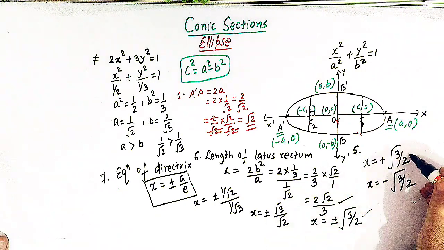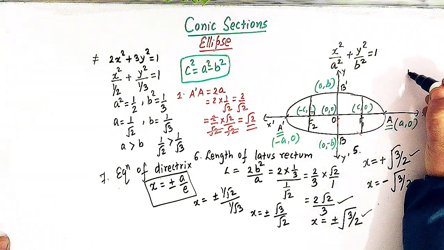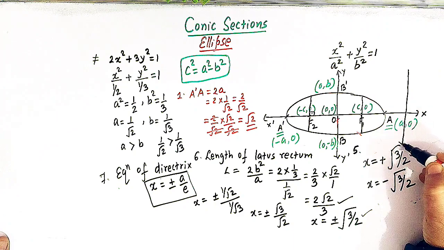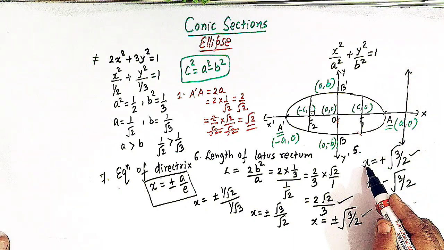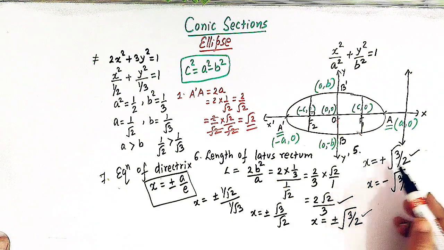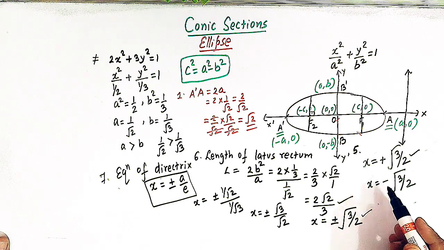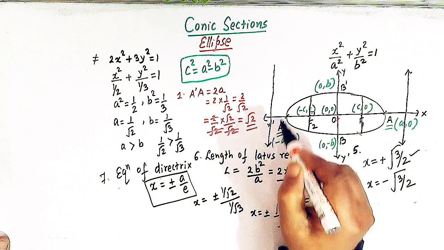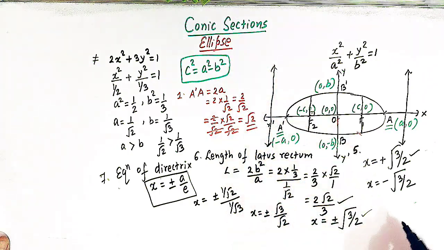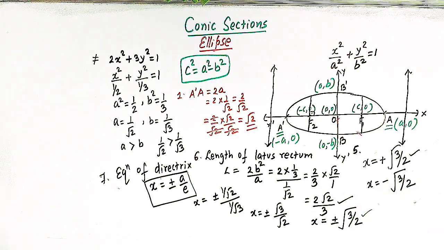And this line is parallel to y-axis and it is situated somewhere here, right? So this is the first directrix whose equation is x is equal to plus square root of 3 over 2, and the second directrix, it lies somewhere here, right? So this is the second directrix whose equation is x is equal to minus square root of 3 over 2.